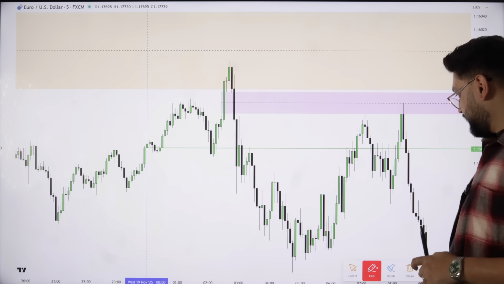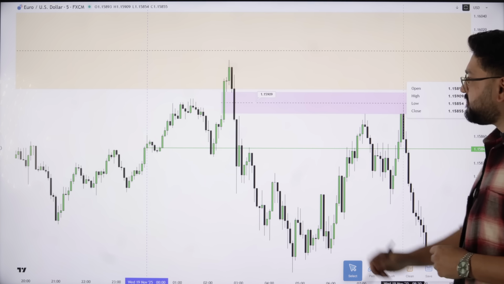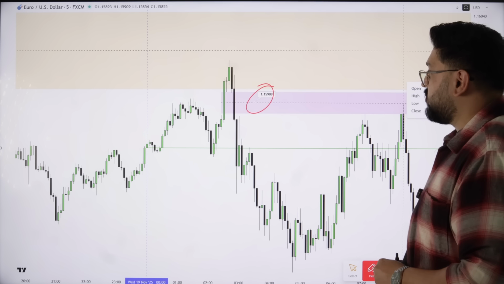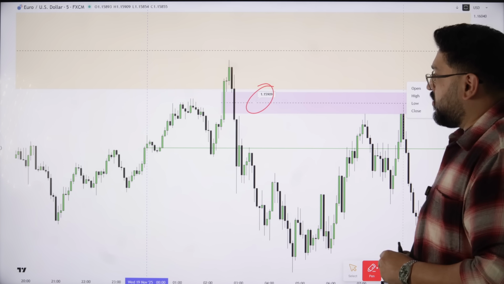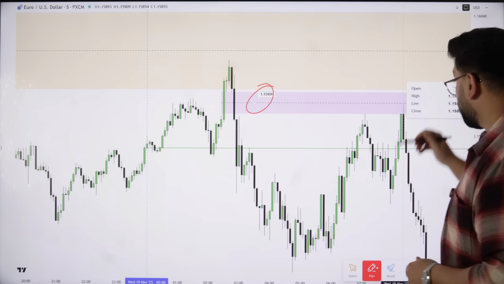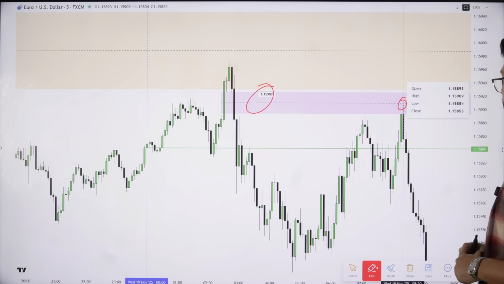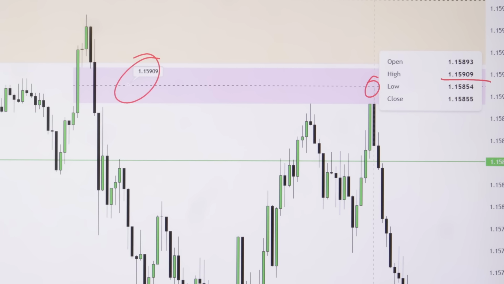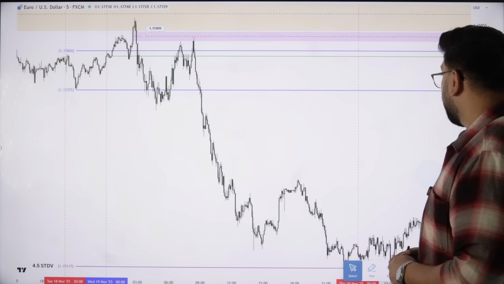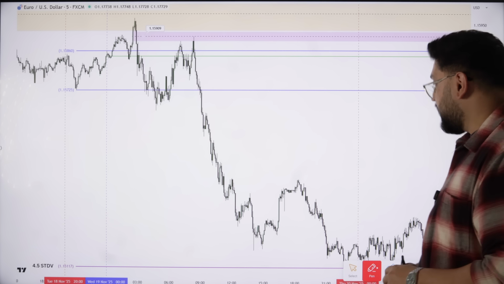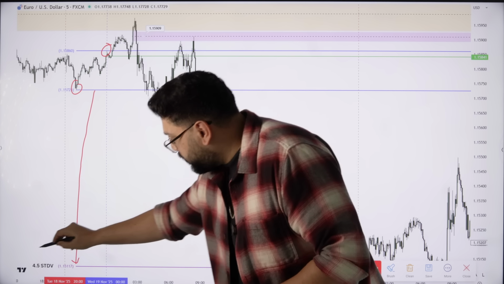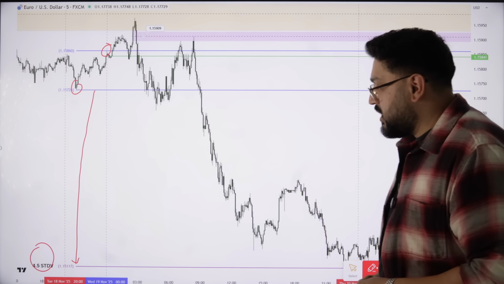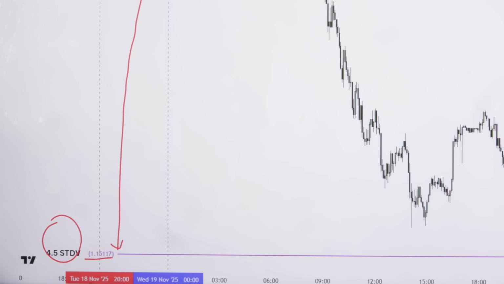Now watch this. The actual price of the consequent encroachment comes in at 115,909. The actual high of this candle comes in at 115,909. And if we now take our Asian range from this high down to this low, and we project 4.5 standard deviations, we get a price point of 1.15117.